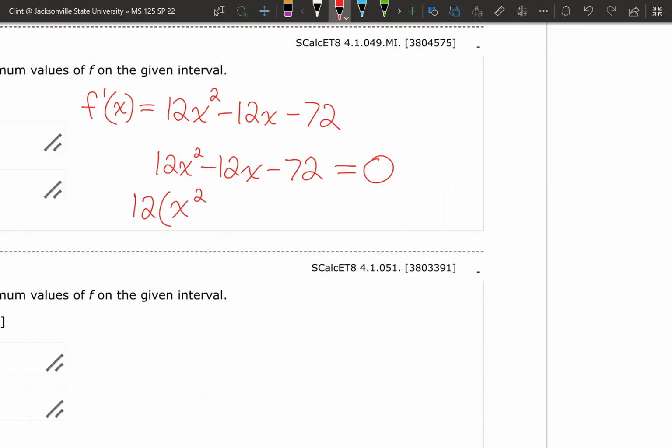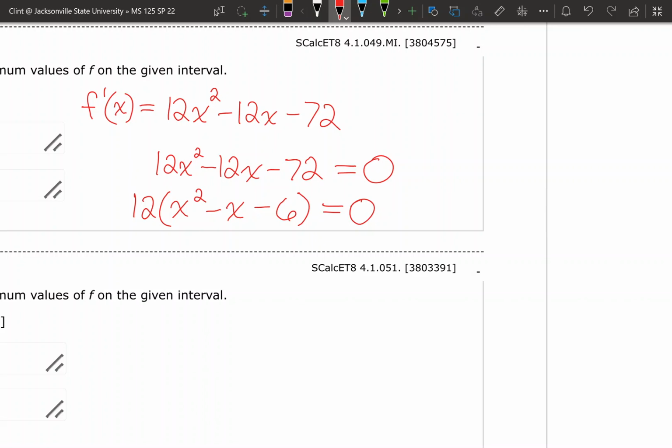You could do the quadratic formula if you wanted to, the numbers get a little unwieldy, but you could do it. Just factoring out a common factor of 12 makes it easier to factor the trinomial part.